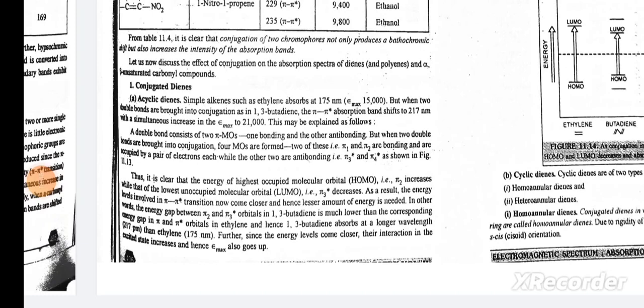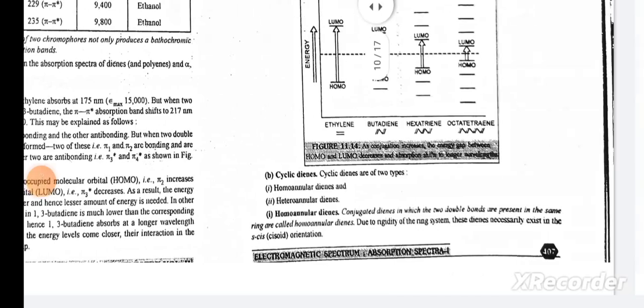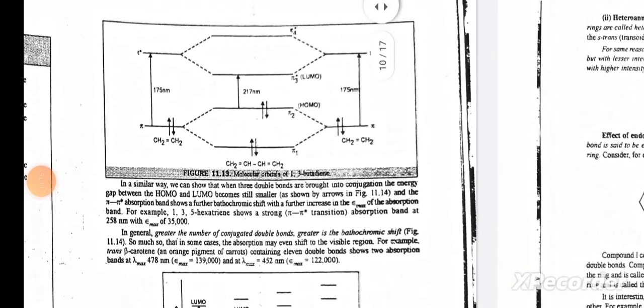As a result, the energy levels involved in the pi to pi star transition now come closer and hence a lesser amount of energy is needed. In other words, the energy gap between pi 2 and pi 3 star orbitals in 1,3-butadiene is much lower than the corresponding energy gap between pi and pi star orbitals in ethylene, and hence 1,3-butadiene absorbs at a longer wavelength than ethylene. Further, since the energy levels come closer, their interaction in the excited state increases and hence epsilon also goes up. Figure 11.13.